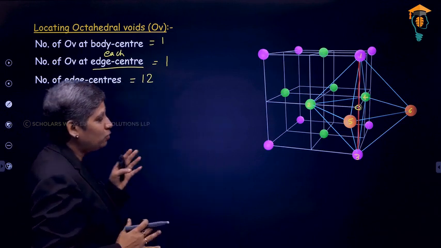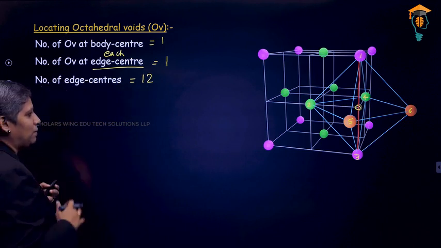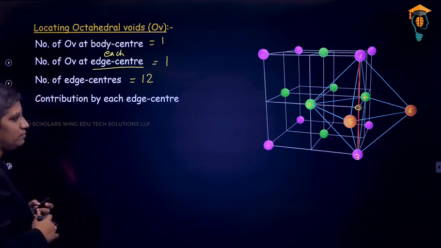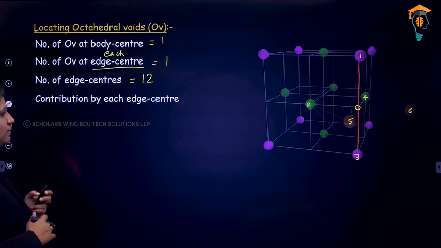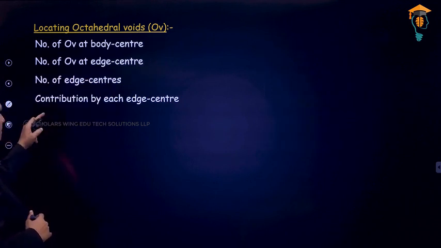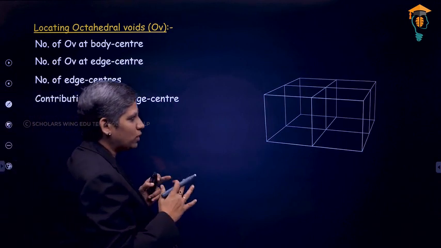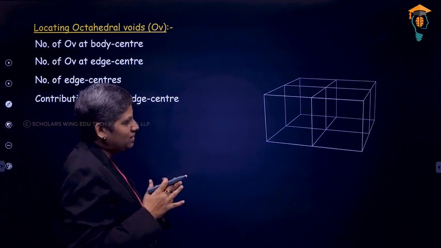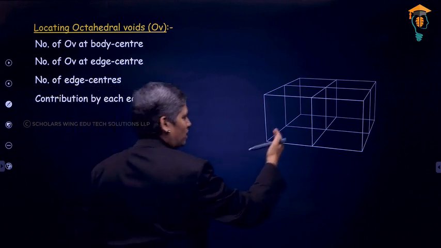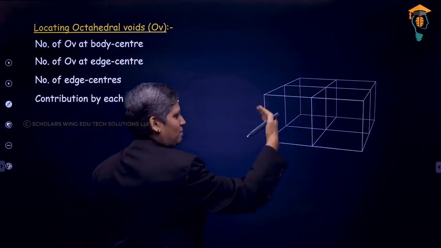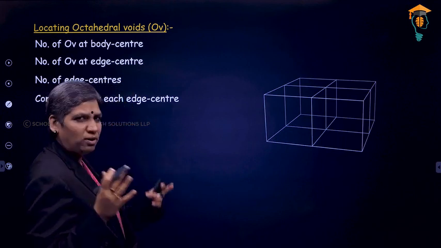Okay. For that, we should know the contribution made by the edge center now. For that, take a look at this figure. Can you see 4 cubes here, all touching each other? 2, okay, facing us and 2 at the back. Yes, all are touching each other.